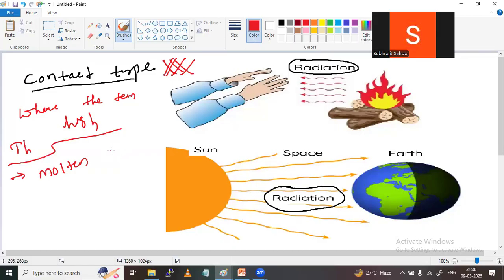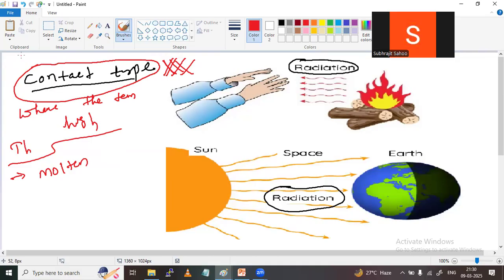In that case also, the contact type temperature measuring instrument completely fails to monitor or measure the temperature. Not only this, there are several other application cases. I will tell them at the end of this topic.